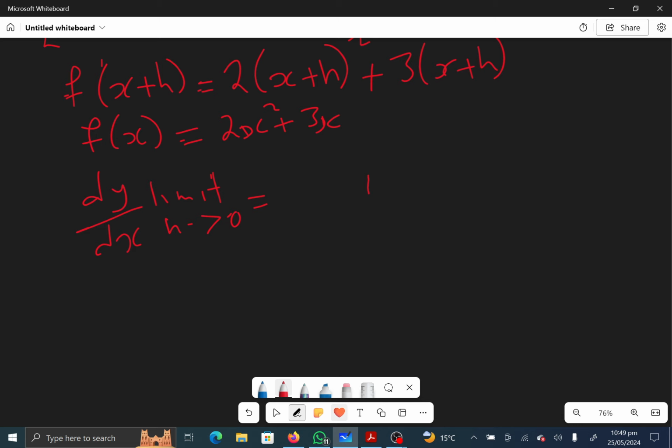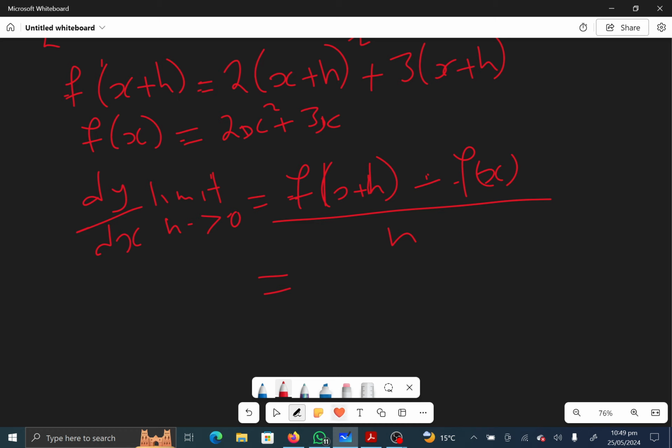So then our formula is f of x plus h minus f of x over h. So now we are replacing in the formula.